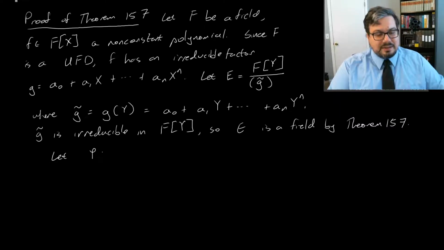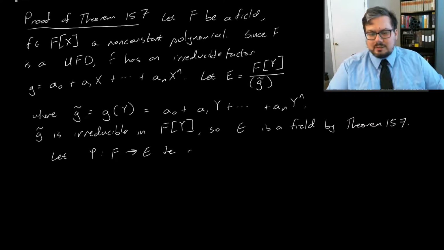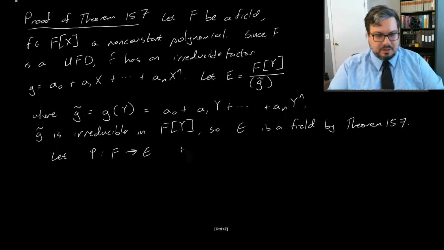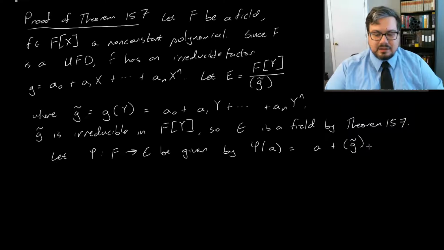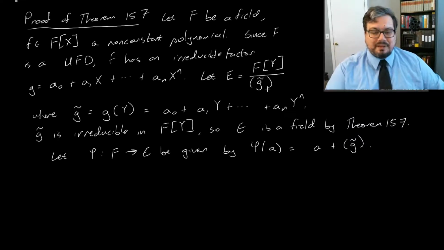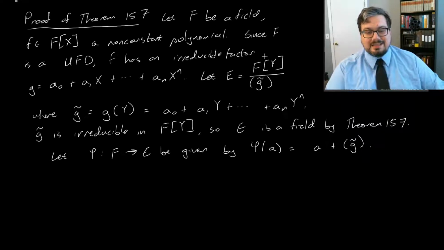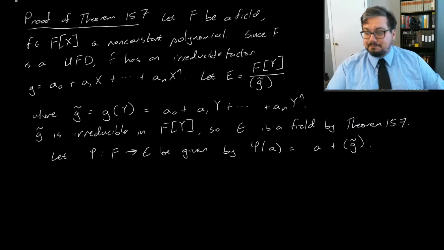So now let's let phi from F to E be given by phi of a is equal to a plus the ideal generated by g tilde. Remember that every element of E looks like some polynomial in y plus the ideal generated by g tilde.